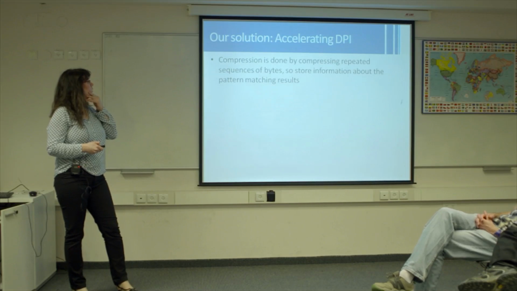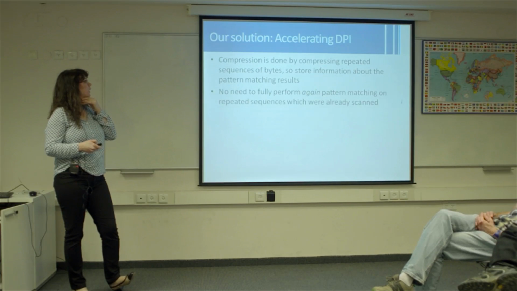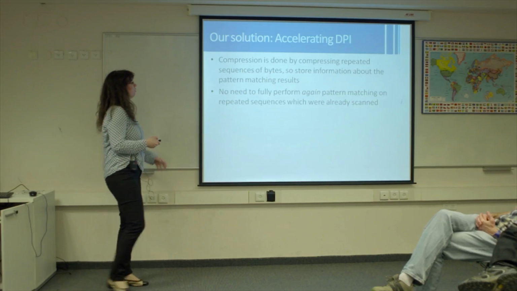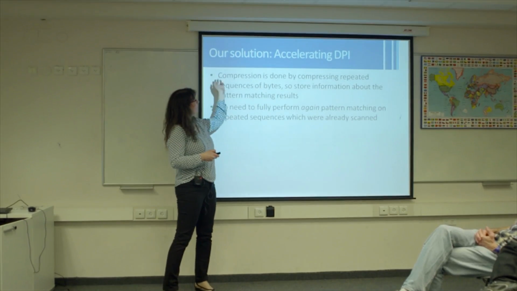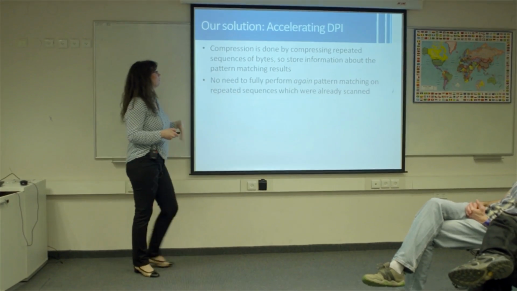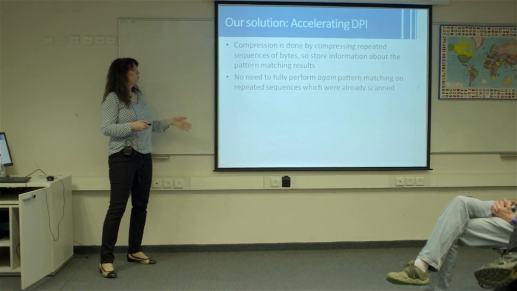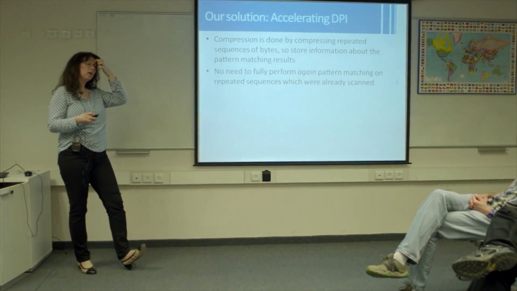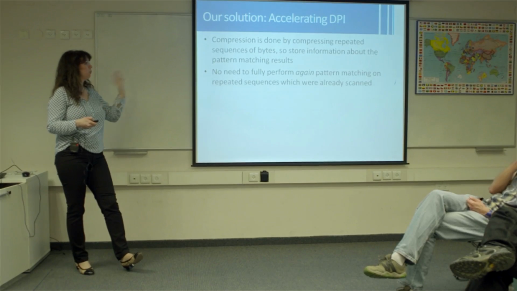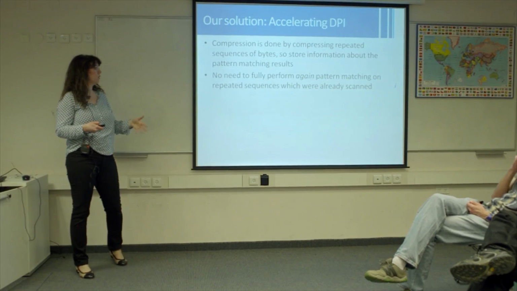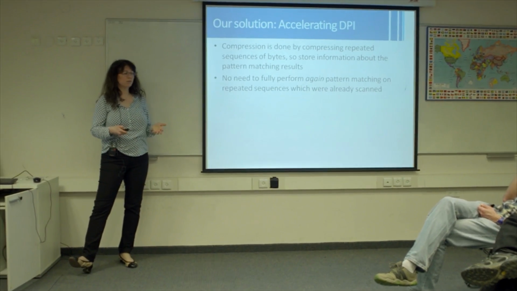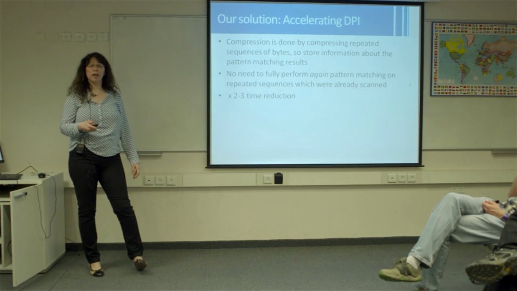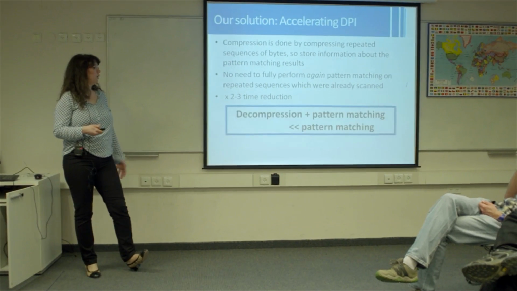In a work we did, we tried to accelerate deep packet inspection, and very successfully. The idea is that compression is done by compressing repeated sequences of bytes. So the idea is to store information about the pattern matching result. Then there's no need to fully perform pattern matching again on repeating sequences, which were already scanned. We received a 2 up to 3 times reduction. So it's a powerful idea.